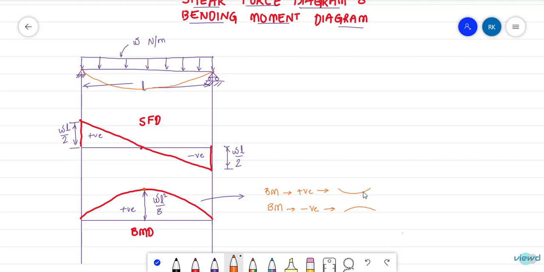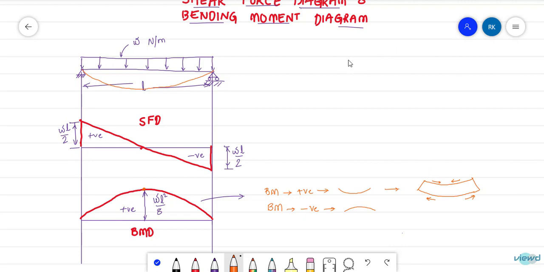If the beam deflects like this, this is the shape of the deflected beam. Here there is compression in the top layers and tension in the bottom layers. This tension in the bottom layers is the reason for which we draw the bending moment diagram.